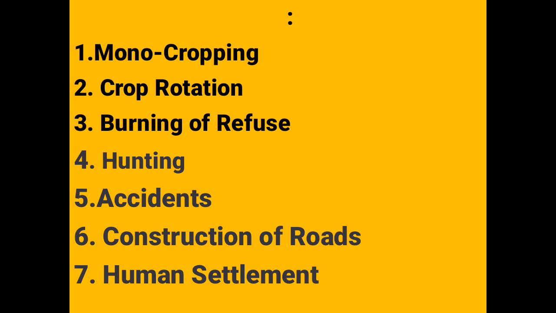Number 3, burning of refuse. Burning of refuse simply means when we throw our waste materials away, we throw the rubbish into maybe bushes or forest, or sometimes uncompleted buildings that a lot of grasses and trees have grown on.